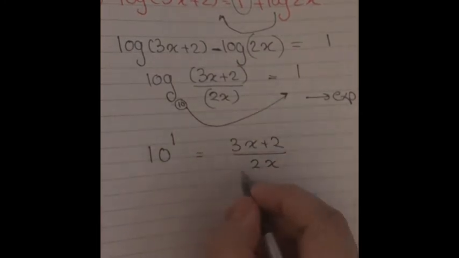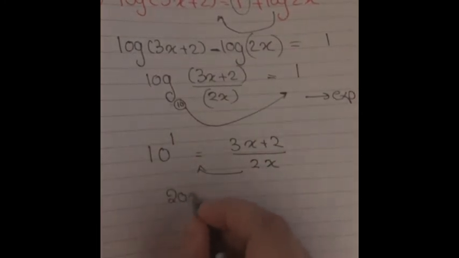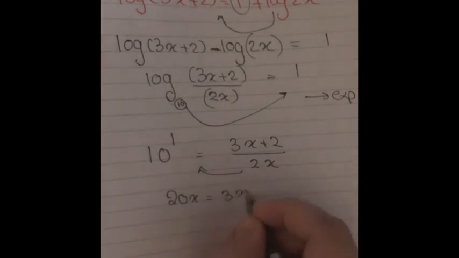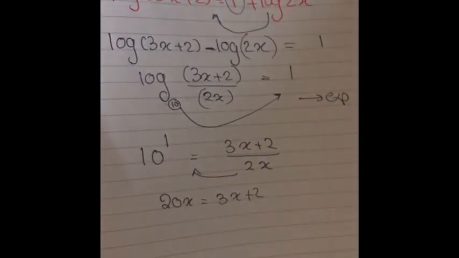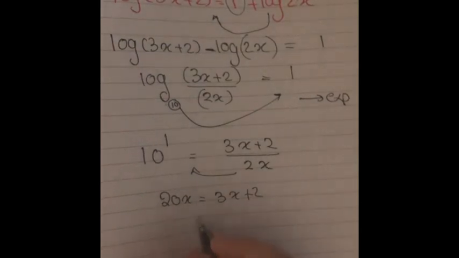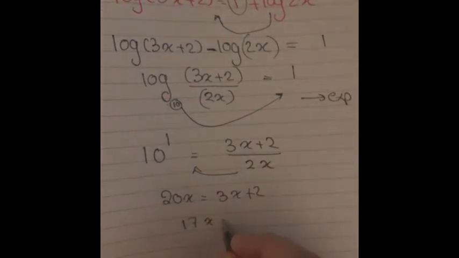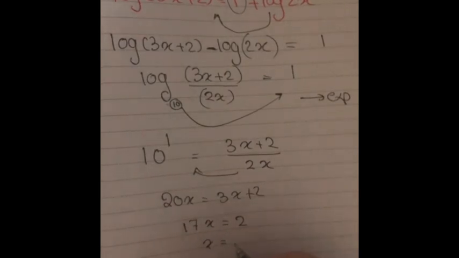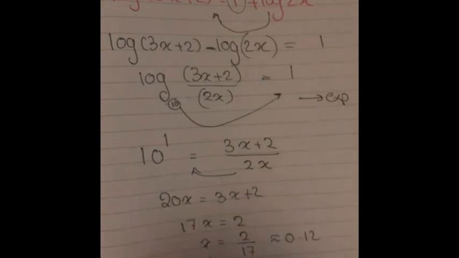And then I can multiply here, so 20x is equal to 3x plus 2. And then I can say 17x is equal to 2, so x is equal to 2 over 17, which is approximately equal to 0.12.